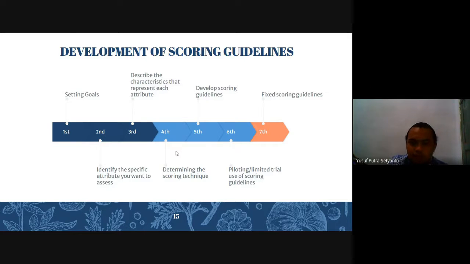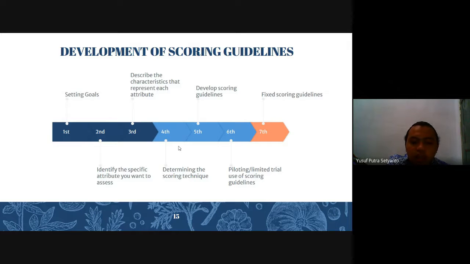The fifth step is to develop scoring guidelines. The preparation of the scoring guideline is adjusted to the scoring technique used. For example, if we use the analytical scoring technique, the first step is to create the answer key for all of the questions. Next, determine the score of each question, and then the score for each question is determined by setting the score for each unit.